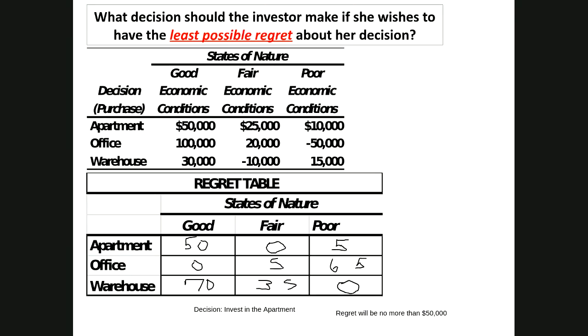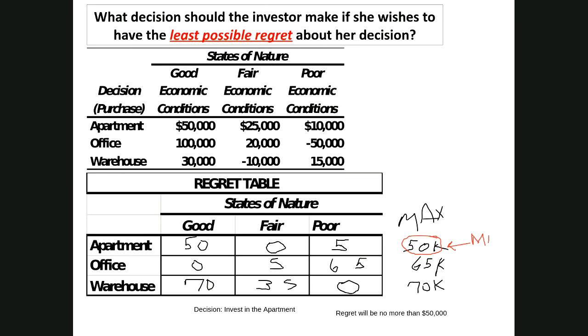Our maximums were 50, 65, and 70. And we know, of course, that 50K is the minimum of the maximums.